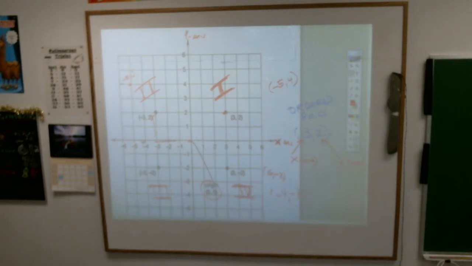So that's what I want you to do on your piece of paper. Put vertices at negative 2, negative 1, 2, negative 1, 2, 3, and negative 2, 3, and draw a rectangle. Do that right now for me.